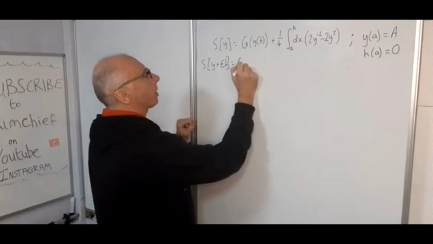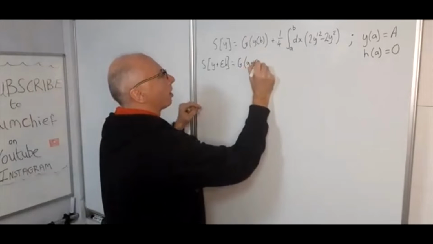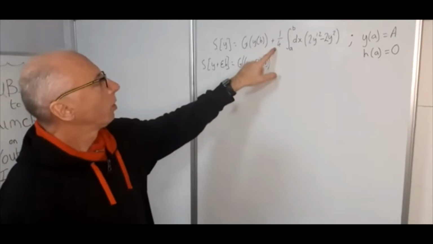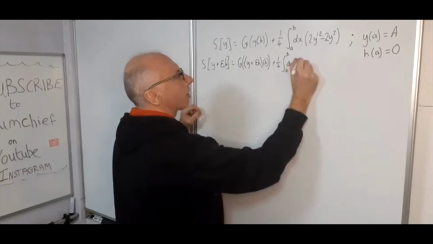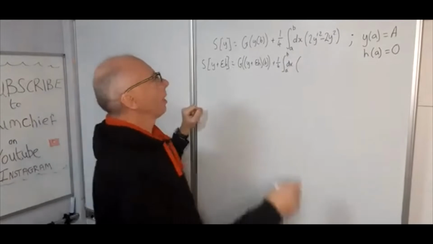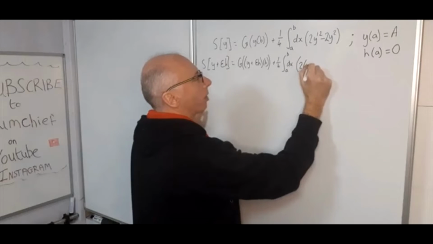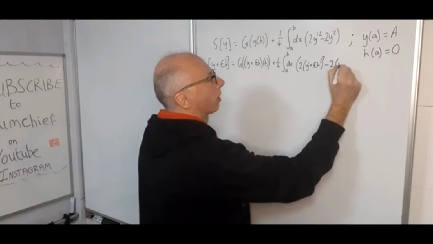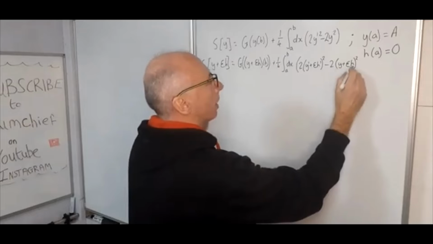So I've got our functional G of y plus epsilon h with regards to b, and that will all go in one bracket, plus a quarter times the integral from a to b dx of 2 times y' plus epsilon h', all squared, minus 2 times y plus epsilon h, squared. Okay, so that's all that there.